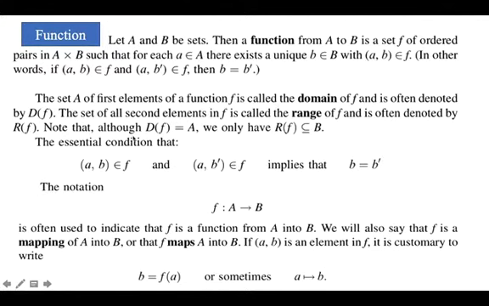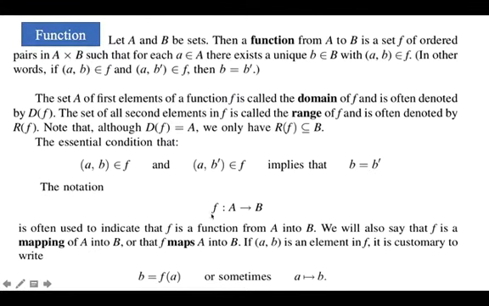Note that although D of f is equal to A, we only have the range of the function as a subset of B. The essential condition that (a,b) belongs to f and (a,b') belongs to f implies that b is equal to b', as we discussed here.